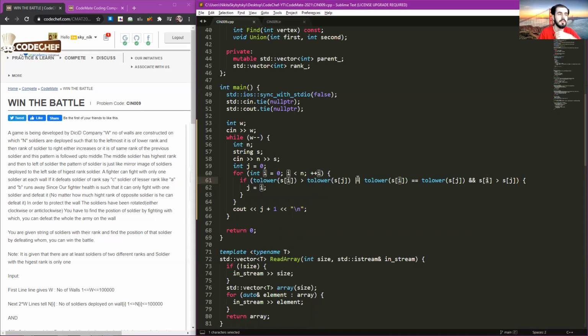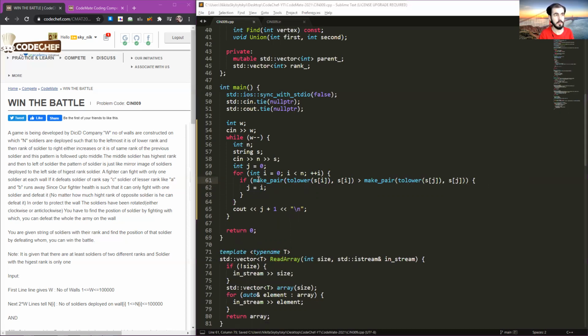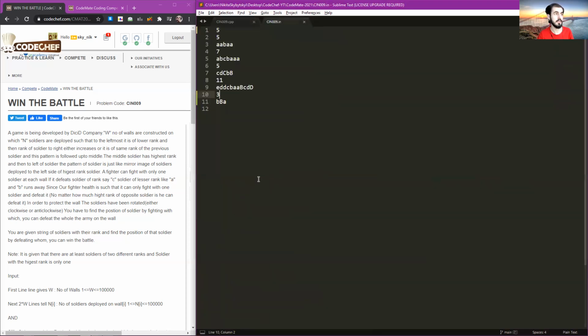What happens? I don't trust myself. We'll do it this way. We should get 2 in the last example, because max index is like this.